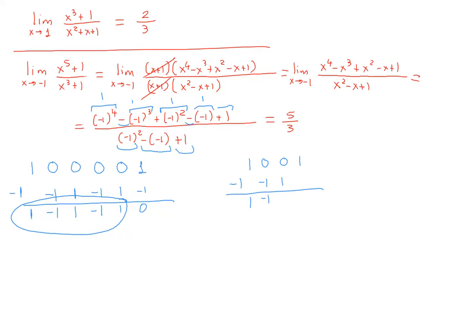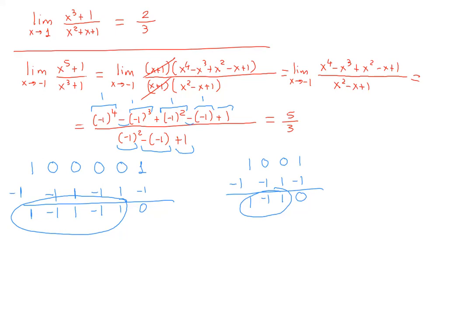Then -1 times -1 is 1, we add it, and finally negative 1 times 1 is negative 1, which we added here, we get our 0, and here are the coefficients of what we find upon doing the synthetic division that justifies the denominator, and our example is complete.